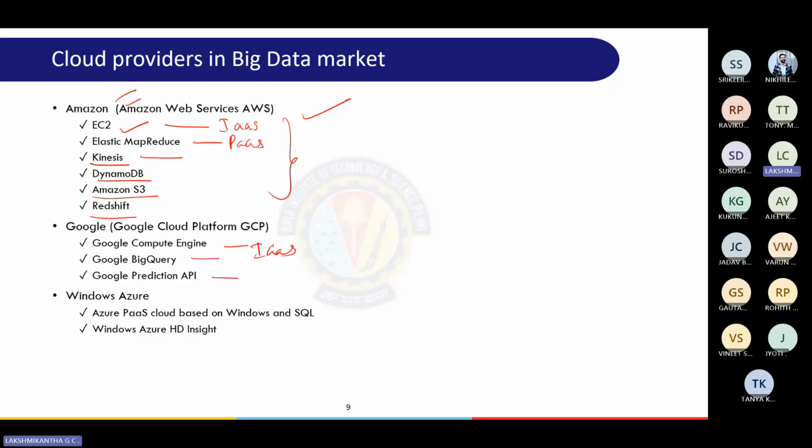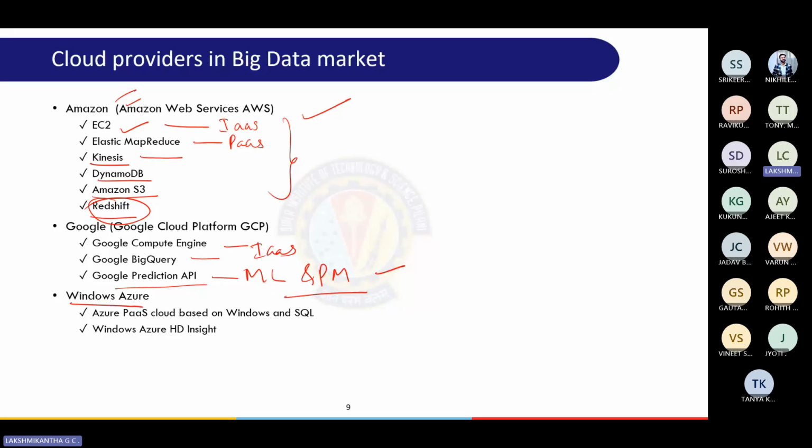And Google BigQuery is a highly scalable serverless enterprise data warehouse. See, it is very much similar to Redshift, but with a different architecture. And the last one is Google Prediction API, mainly useful for machine learning and predictive modeling.